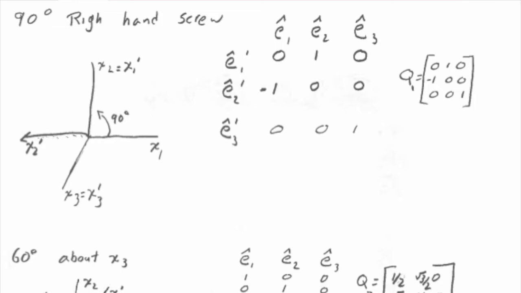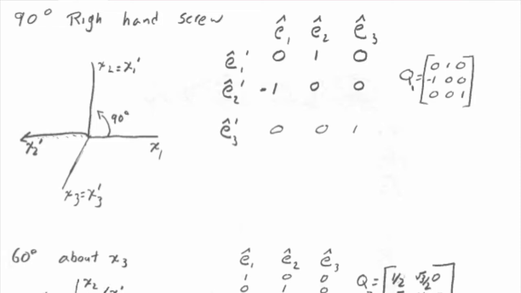So this becomes x1 prime, this is x2 prime, and x3 prime equals x3. All right? So the dot product between x1 and x1 prime, or x1 prime and x1, is 0. The dot product between x1 prime and x2 is 1.